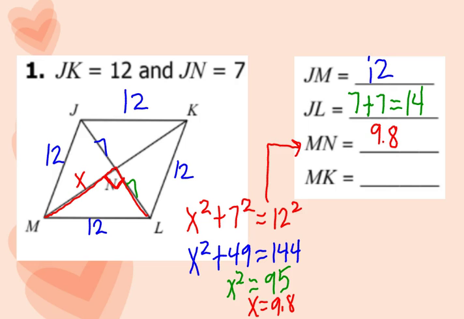Then what would MK be? So you just double this guy? So if this guy right here is 9.8, this is 9.8. 18 or 19.